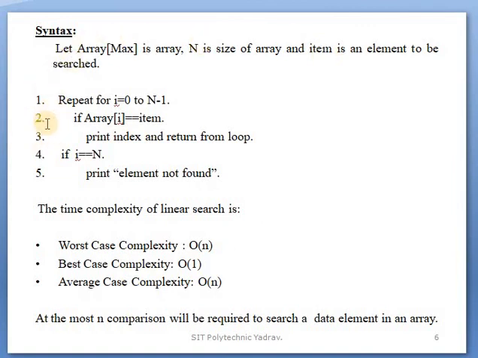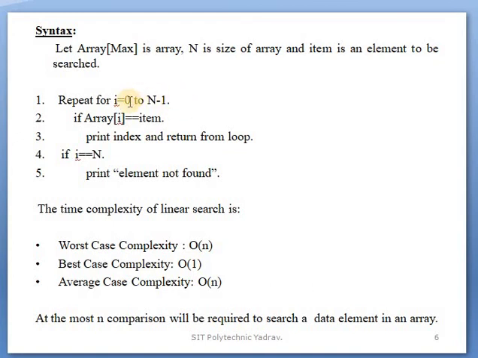What is the syntax? First, repeat for I equal to 0 to n minus 1. Clear that? It means a for loop is executed, I equal to 0 up to n minus 1. N is the size of your array. Say your array has 5 elements, then 5 minus 1 is 4, meaning 0 to 4: 0 1 2 3 4, total 5. Why do we write n minus 1?